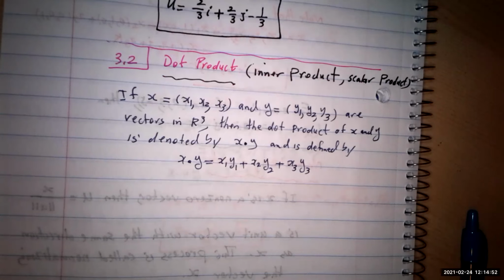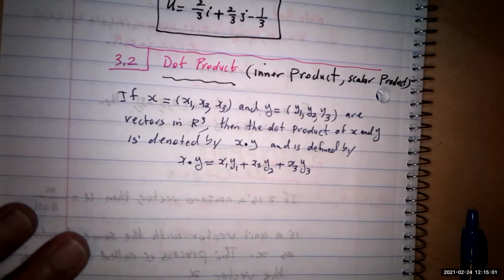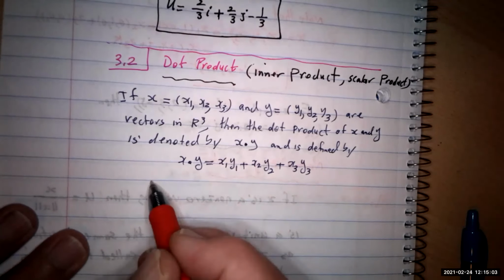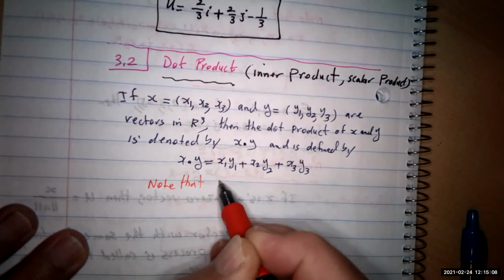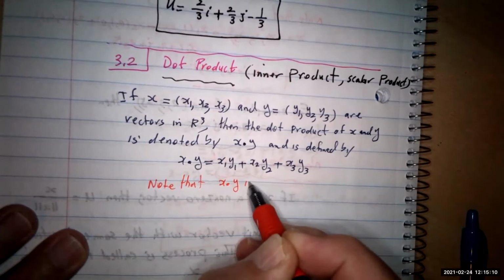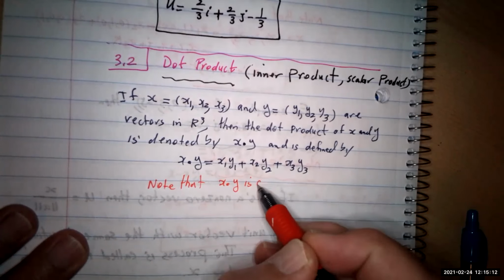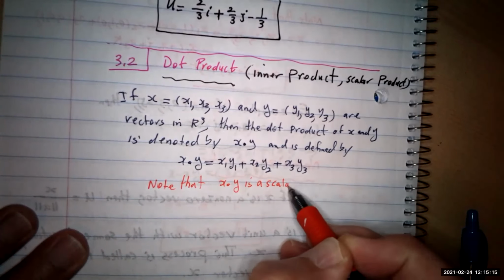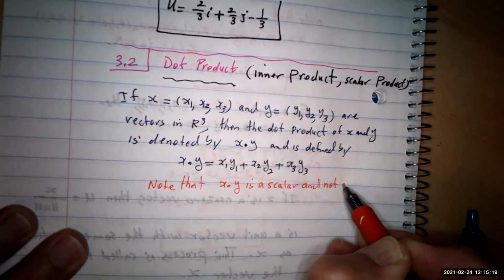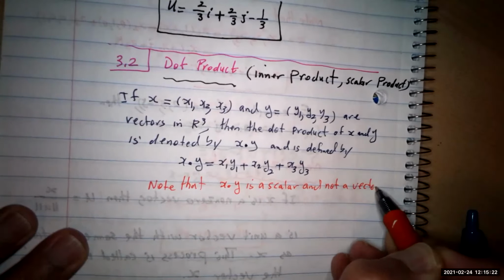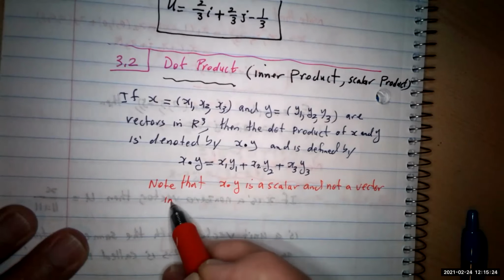In general, if you have it in n dimensions, you can write it as a sigma form, but we don't need it now. So just note that x dot y is a number, a scalar, and not a vector. Vector in this case in R3.